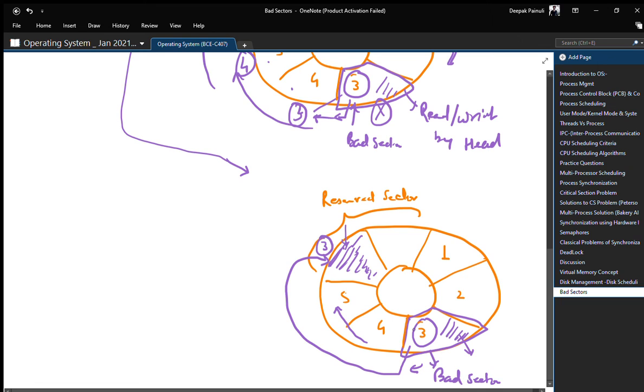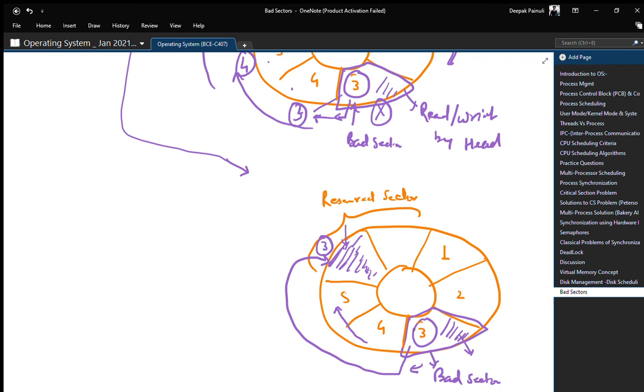Generally all the manufacturers provide, and advanced discs are coming with, the bad sector list, right? Sometimes due to manufacturing malfunctioning, some bad sectors are created initially in the disk, right?